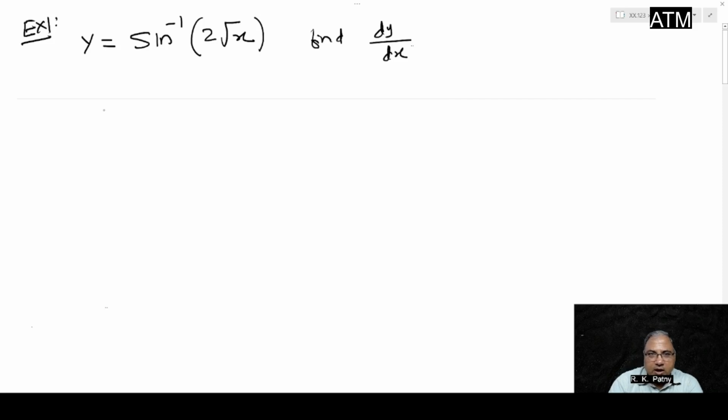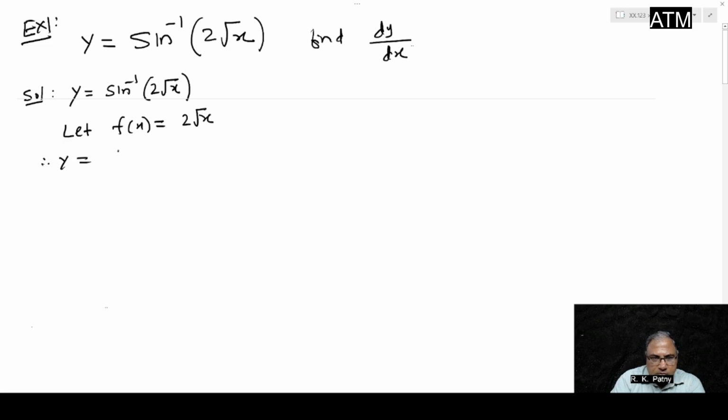Example number 1, y equals sin inverse of 2 root x, find dy by dx. Solution, write as it is, y equals sin inverse of 2 root x, let f of x equals 2 root x.